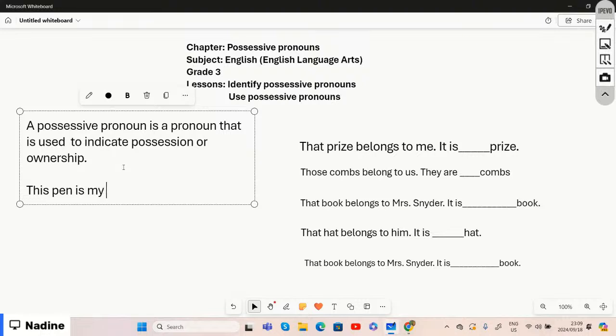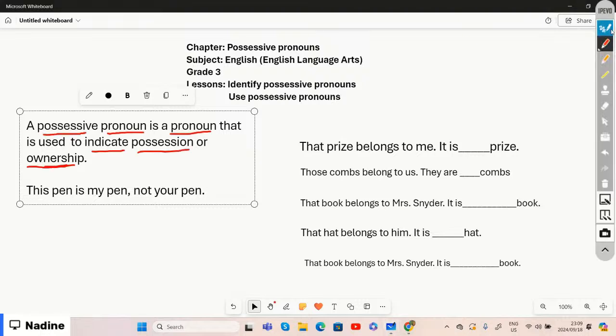So this pen is my pen, not yours. If I say this pen is my pen, not your pen, then we need to find the possessive pronoun of my pen and the possessive pronoun of your pen.